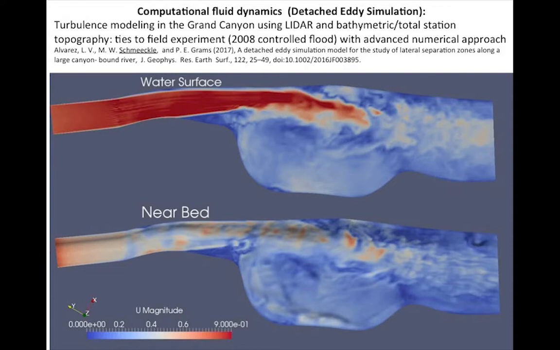So this is Mark Schmeeckle at ASU, just using, this is more CFD, but this is large eddy simulation, where they're using LiDAR topography and also high resolution bathymetry from the Colorado River as a boundary condition for these really detailed CFD calculations for turbulence, which then obviously significantly controls sediment transport, which has the application in the Grand Canyon for refreshing the beaches.